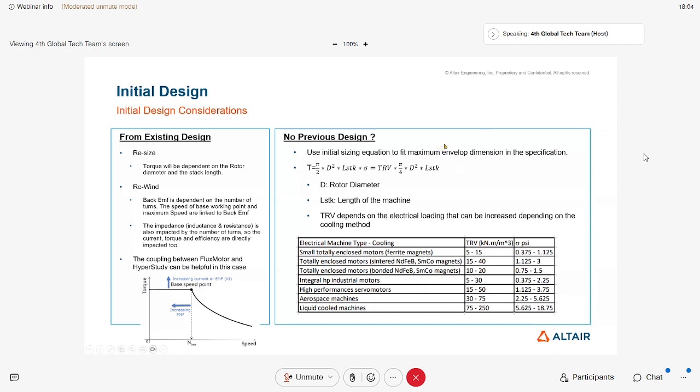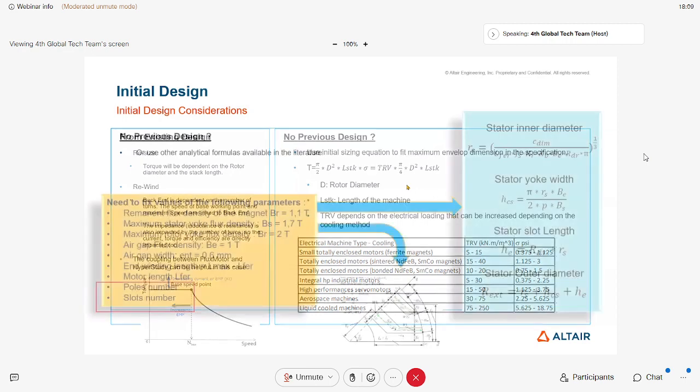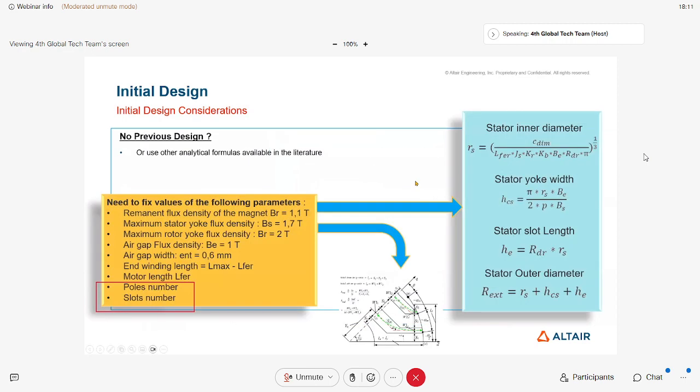But if we start from a white page, this is once again more difficult because even if we have the different diameters, we can start with the TRV, but at the end of the day, we need to fix the number of poles, the number of slots, and the shape of the rotor as well.